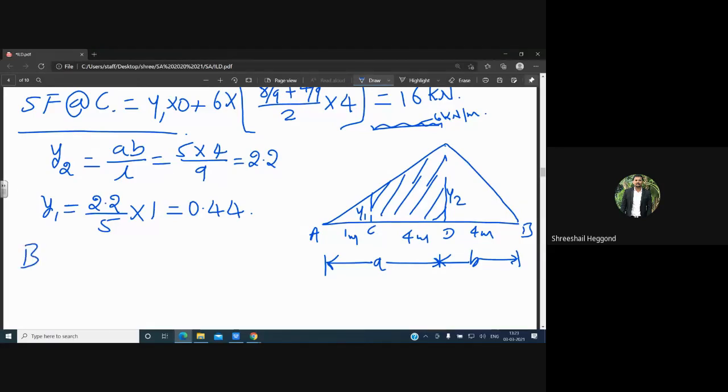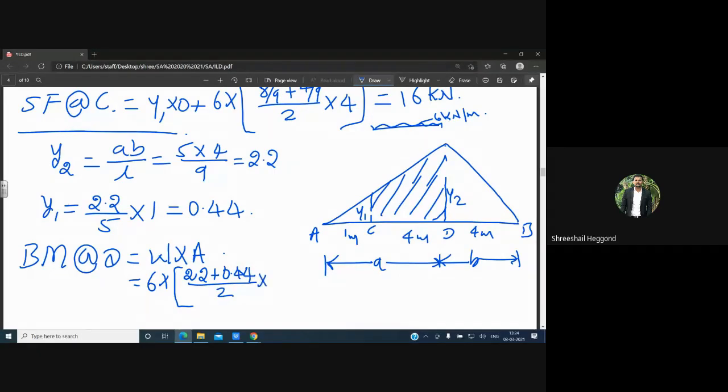Next, the bending moment at D point can be given as W into the area under the load. That can be given as 6 into the area under the load, which is the trapezoidal area. Therefore, it can be given as 2.2 plus 0.44 divided by 2 into perpendicular distance 4.